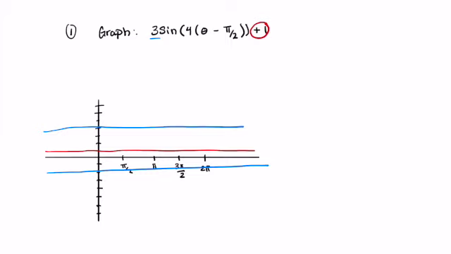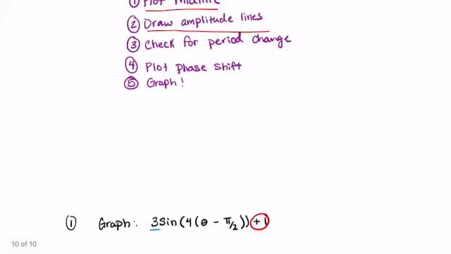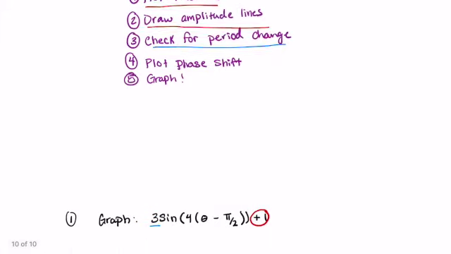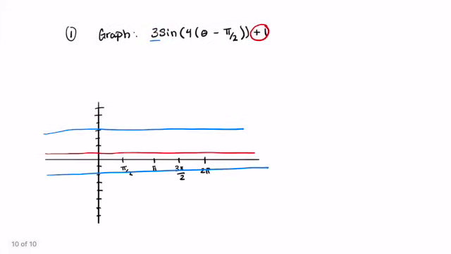And so once we have this, my third step is I'm going to check to see if there's been a period change. And in this particular example, there has been. That 4 is going to change the period. Now, the period for any given function through sine and cosine is always going to be 2 pi or 360 degrees.